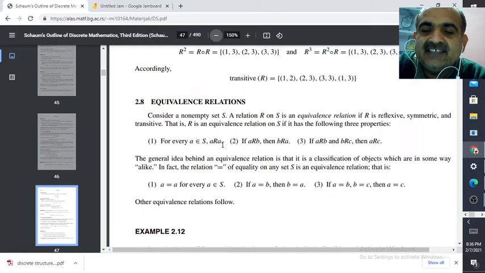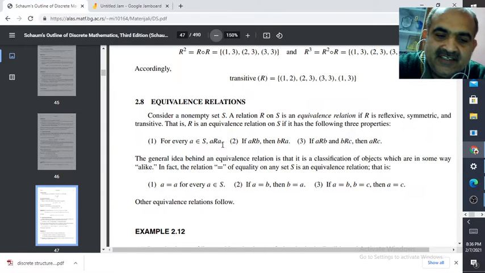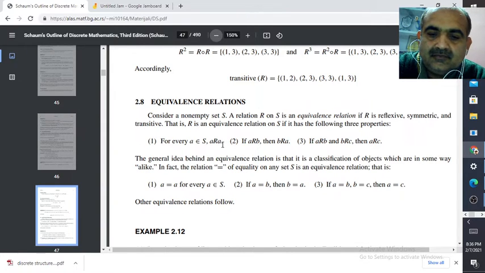If (1,2) and (2,3) exist, the relation is transitive if the ordered pair (1,3) also exists. Now let's take an example. If a equals b and b equals c, then a equals c. This is transitive.